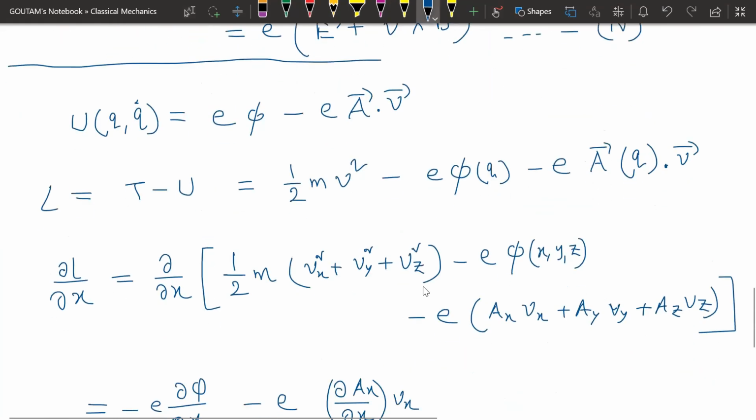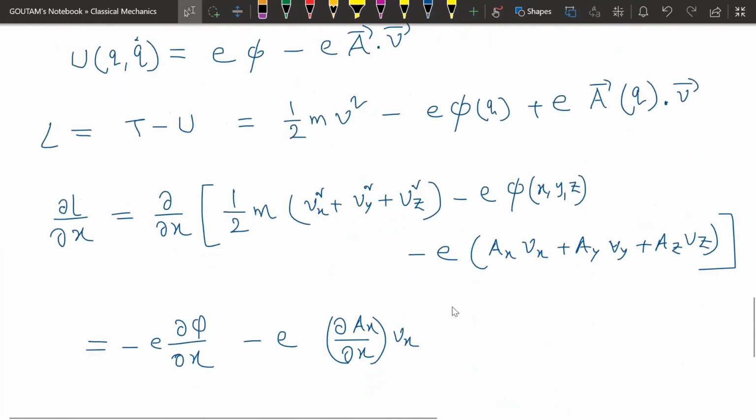Yes, there will be a plus sign here because U is defined like this. T minus U, so minus minus plus.